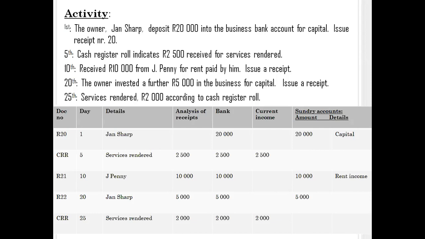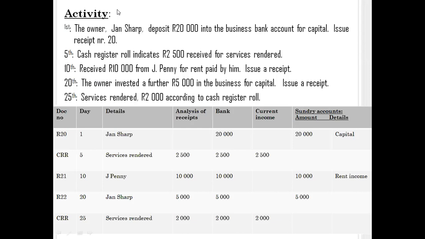There's no name of a person, therefore with details you're going to write services rendered, 2,000 Rand in analysis of receipts and in bank and in current income. Services rendered always goes to all three of those columns: analysis of receipts, bank and current income.